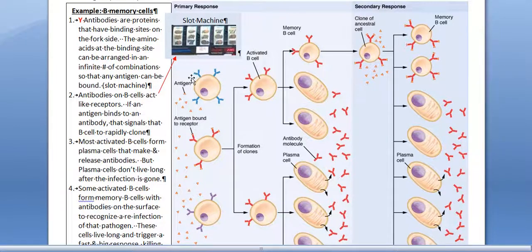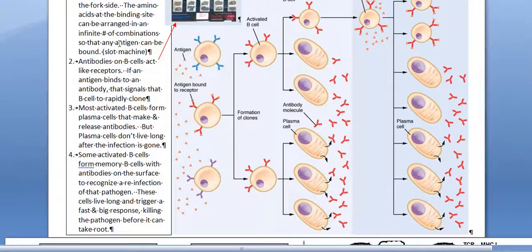So you can bind anything because you got infinite numbers of these, right? It's kind of like a slot machine, or a random number generator. It just randomly arranges in a different sequence, and then each one binds to different things. Hopefully that makes sense.